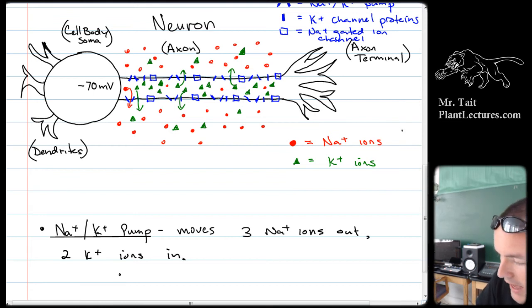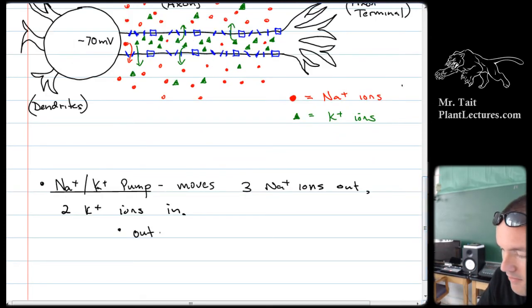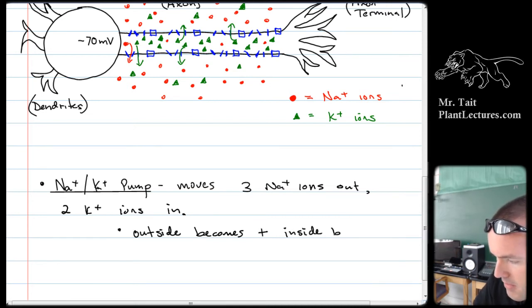The result is that you increase your voltage difference between the outside and the inside, making the outside more positive and the inside more negative. The outside becomes positive, and the inside becomes negative, because we're pumping 3 positives out and only pumping 2 positives in.